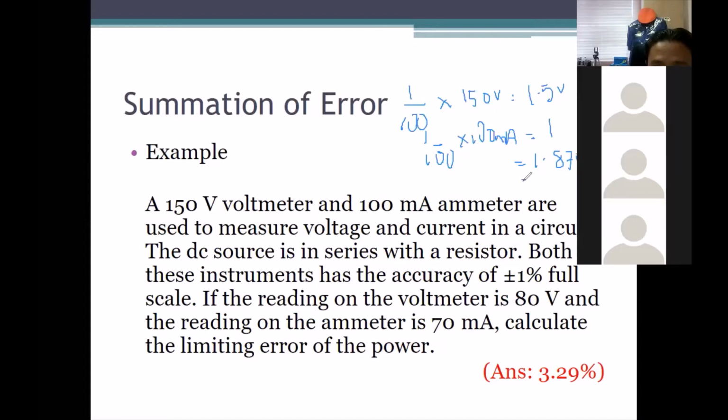And then for the current, 1/100 divided by 70 milliampere. So the answer is 1.429. All right, so the answer will be 3.3. Similar like this one, the answer is 3.3.